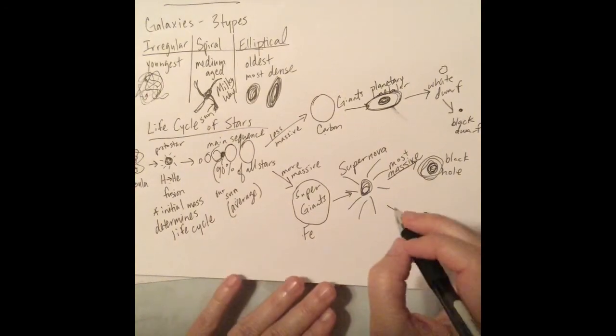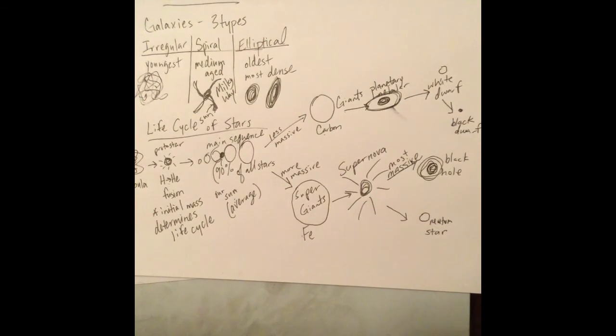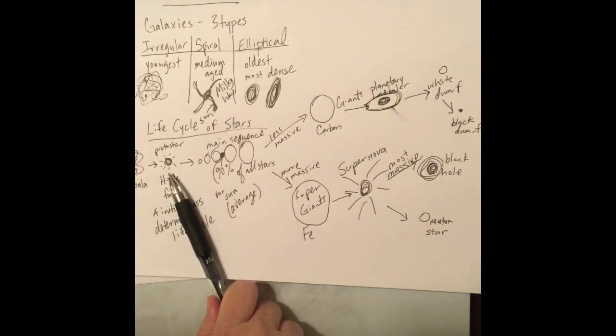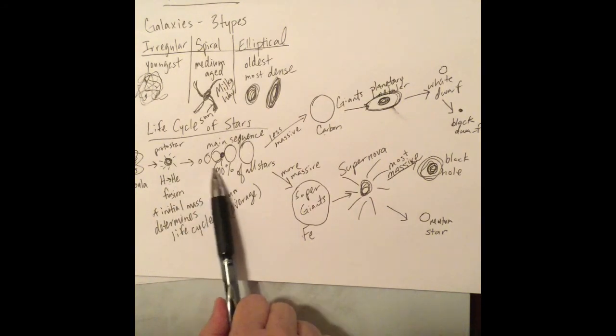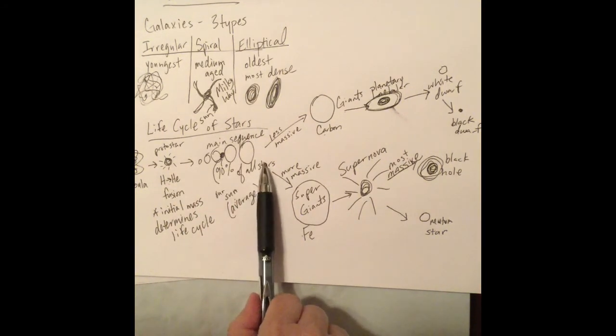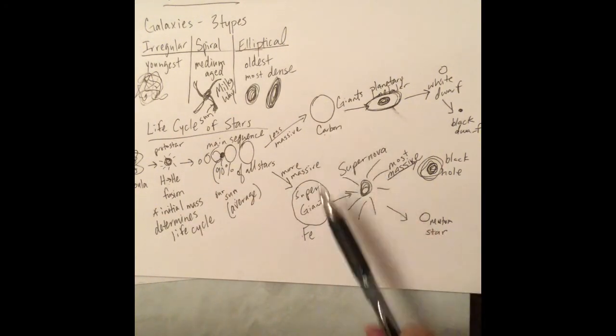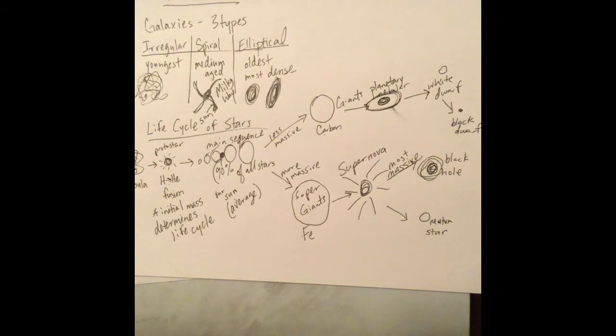Okay. So to look back at this, all stars are created as a nebula. Then once they begin fusion, they become protostars. All stars go through main sequence, but their initial mass determines whether they become giants or supergiants.